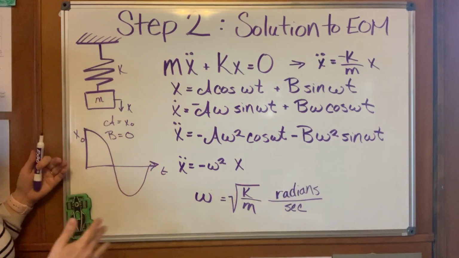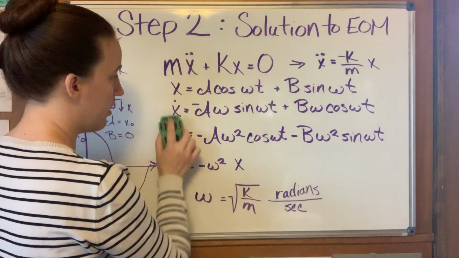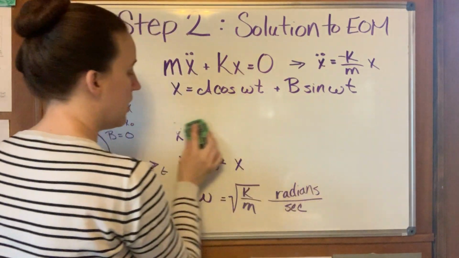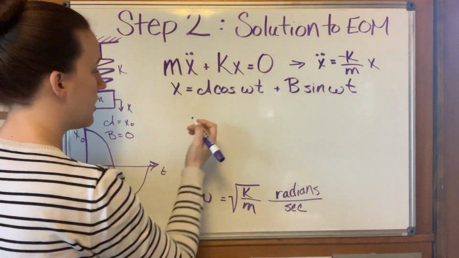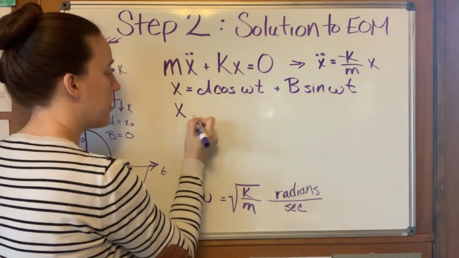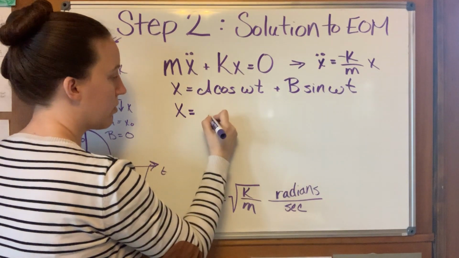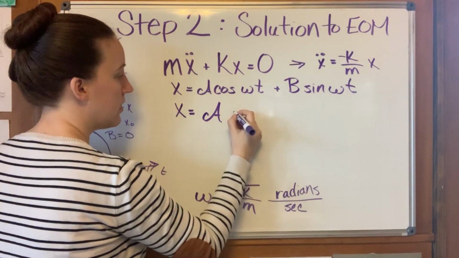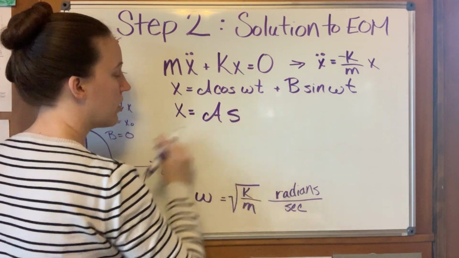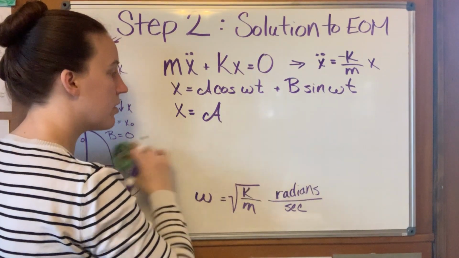Some people also like to put the format of their solution here not in terms of A and B, but they like to say that the solution format should be x equals some amplitude times, you could pick a sine wave if you want, or I like cosine, but you could pick either one.